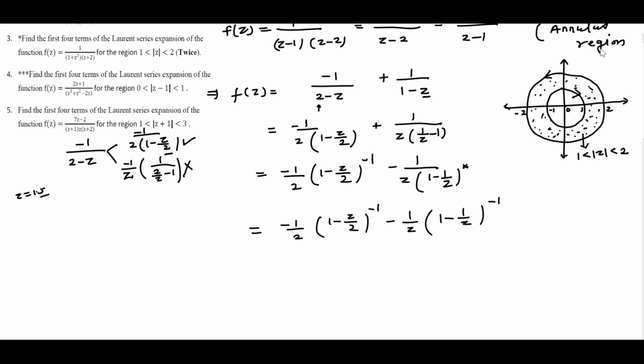But we know that (1 - z) inverse is equal to 1 + z + z² + z³ + z⁴ + ..., and this series is convergent for all |z| less than 1.